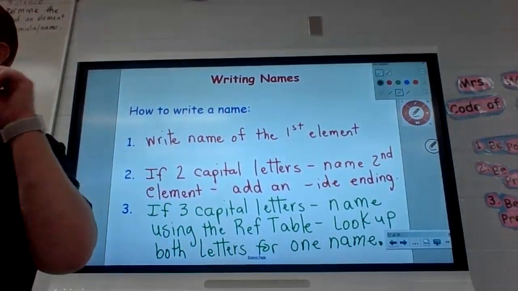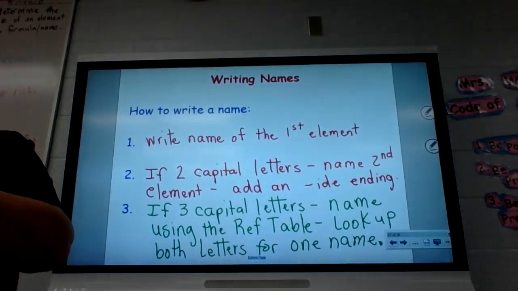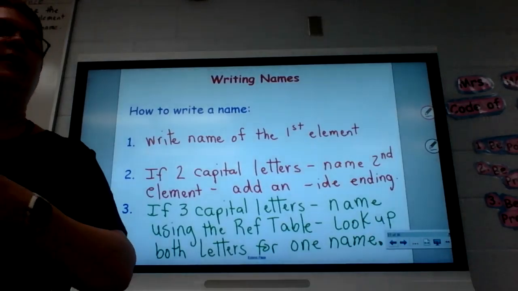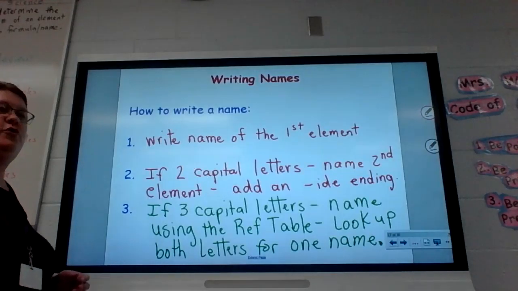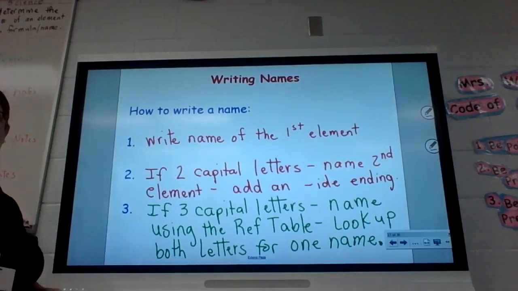Now, steps 2 and 3. You do not do both steps 2 and 3.